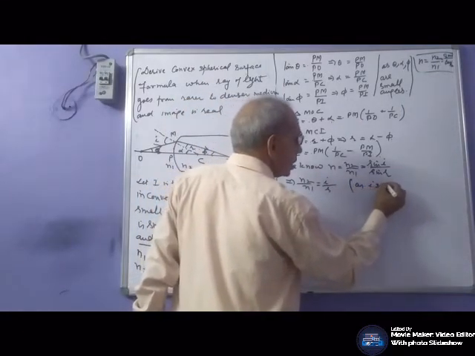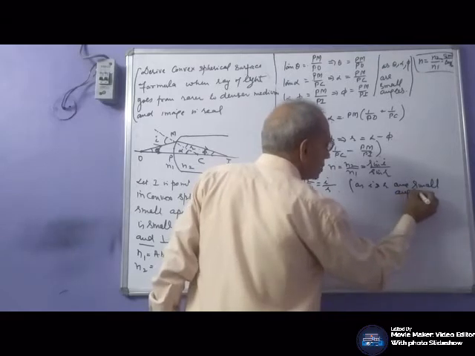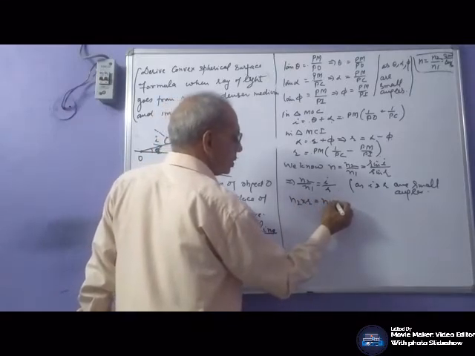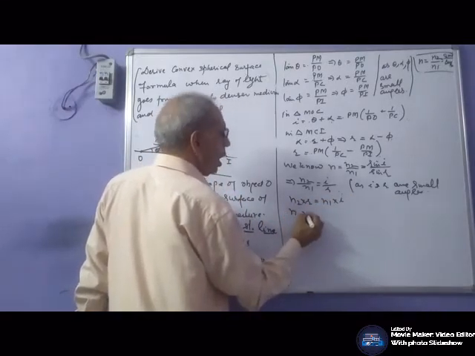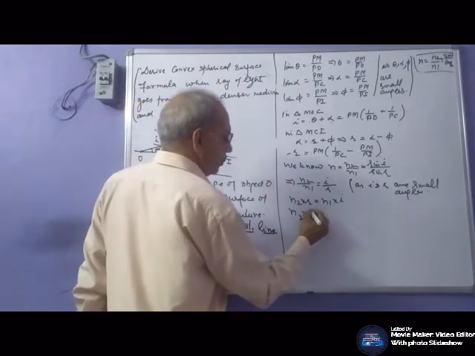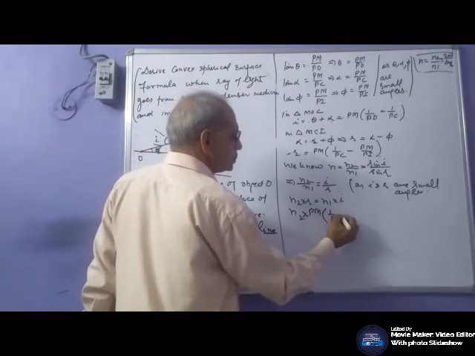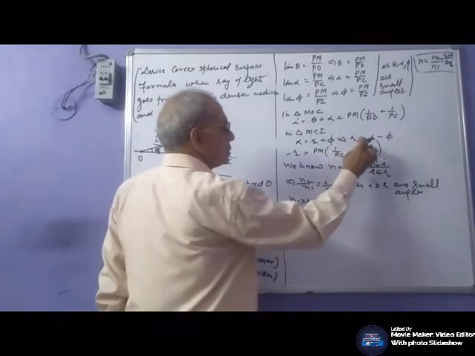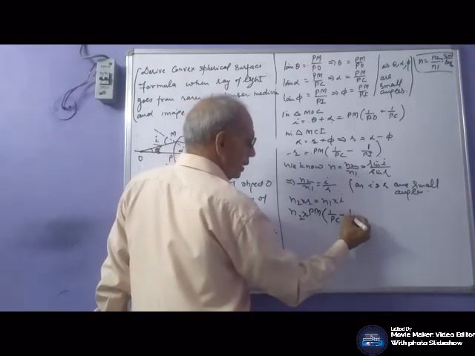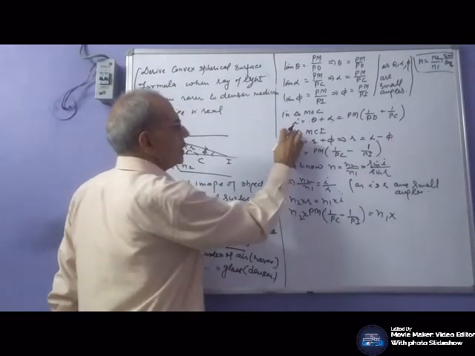As I and R are small angles, N2 into R equals N1 into I. This is R, PM times 1 by PC minus PM times 1 by PI, and this is I.